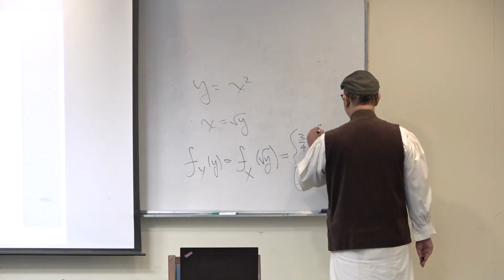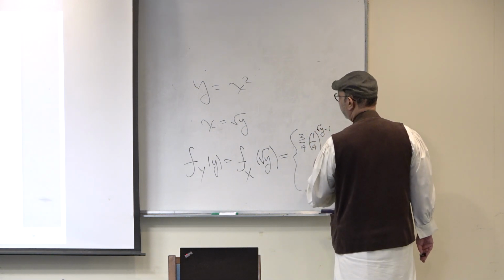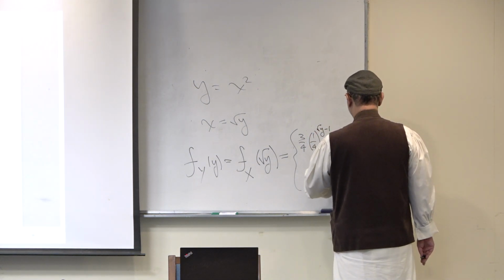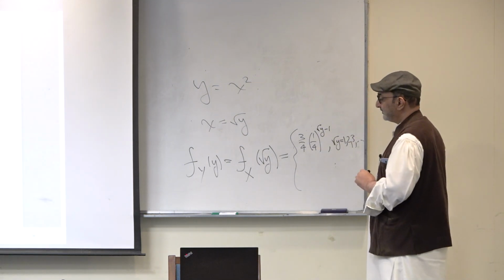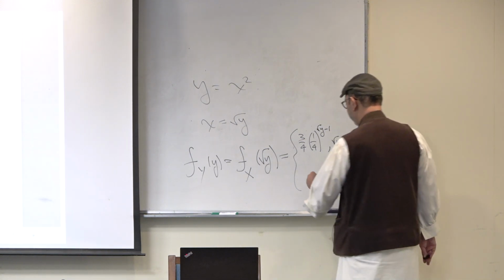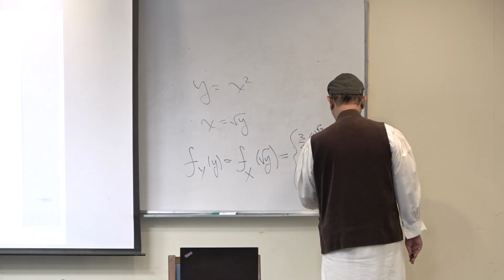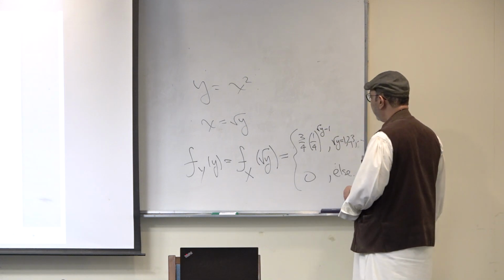So root of y minus 1, for root of y equal to 1, 2, 3, and so on, and 0 otherwise.